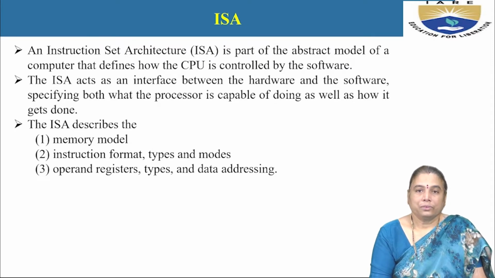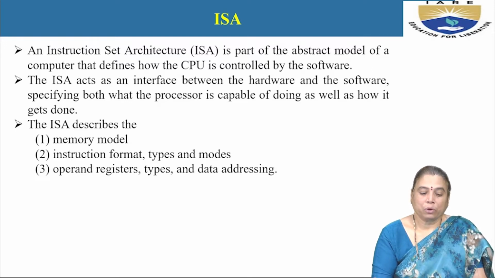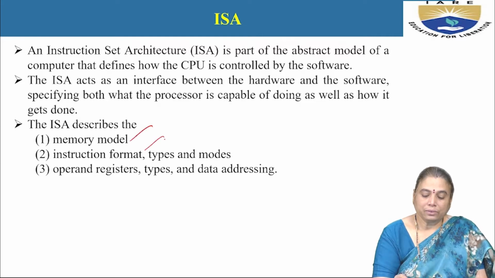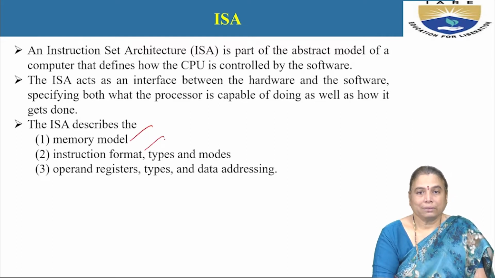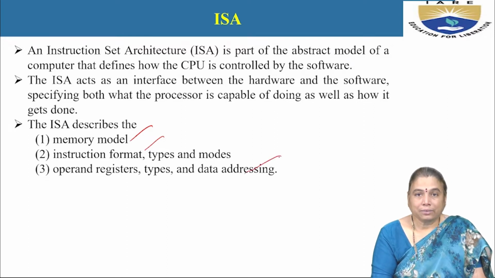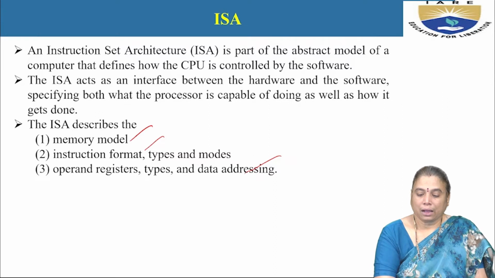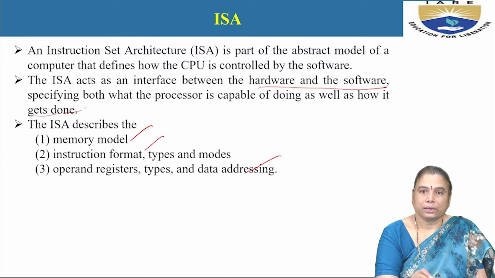The instruction set architecture defines what the memory model is, what the instruction format is, and what the registers and various types of addressing modes are. The ISA acts as an interface between the hardware and the software, specifying both what the processor is capable of doing as well as how to get it done.